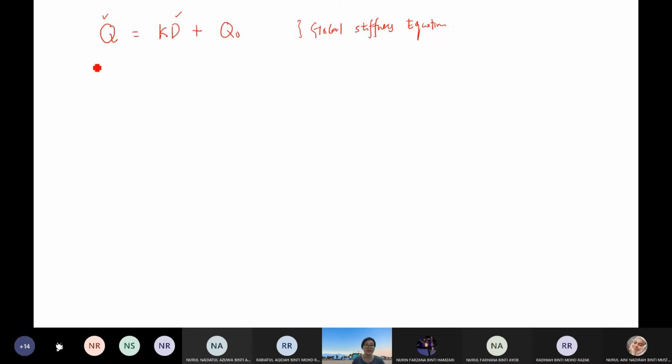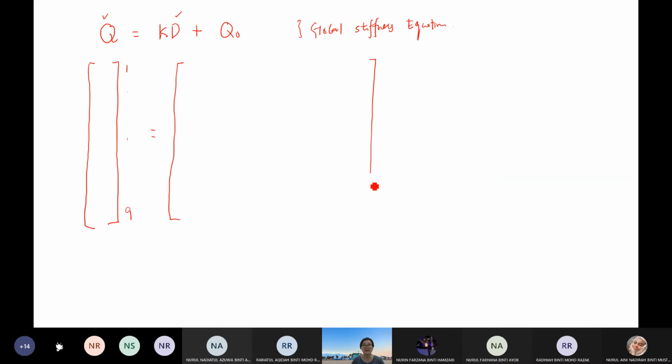If you can see, you have a vector Q with a size of 9, 1 up to 9, equal to this K, which will be a size of 9 times 9, and D is a vector of 9 times 1. This is just an idea.